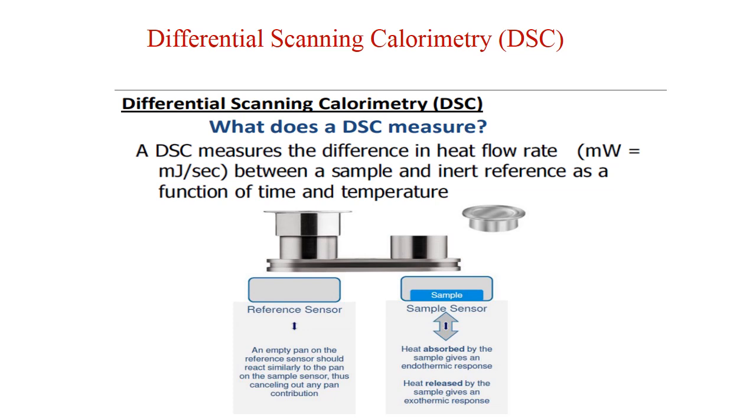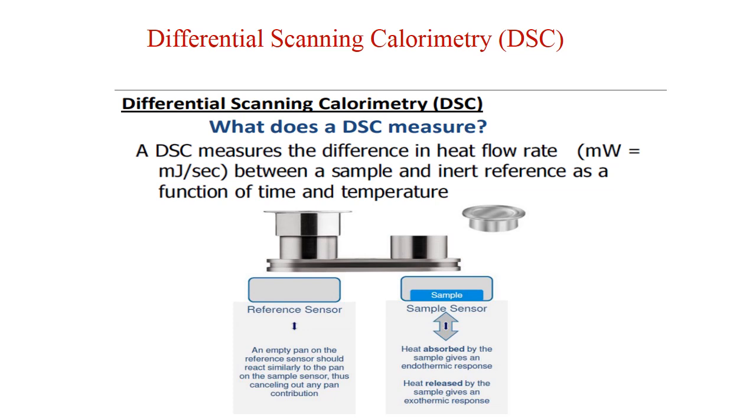In this case, more or less heat will need to flow to the sample than to the reference to maintain both at the same temperature. Whether more or less heat must flow to the sample depends on whether the process is exothermic or endothermic. Let's take an example.